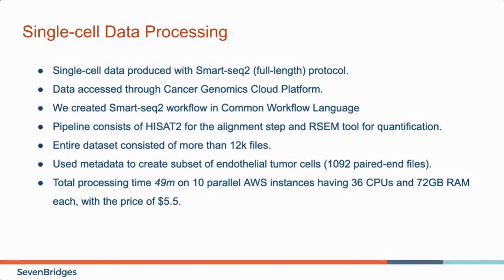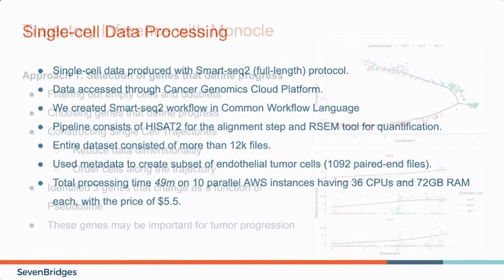The analysis was running on 10 parallel AWS instances, each having 36 CPUs and 72 gigabytes of random access memory with total price of $5.5. Next slide, please. Okay.